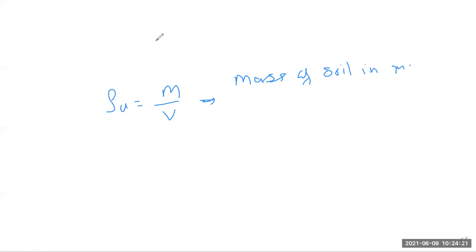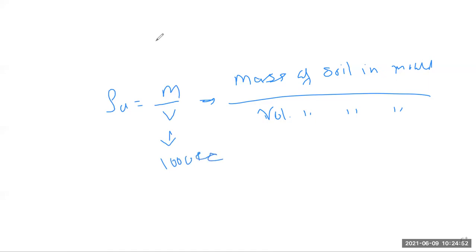So how much mass? Mass is 3 kg approx, and whatever is taken, and volume is fixed, that is 1000 cc.